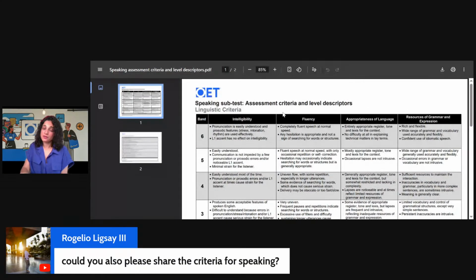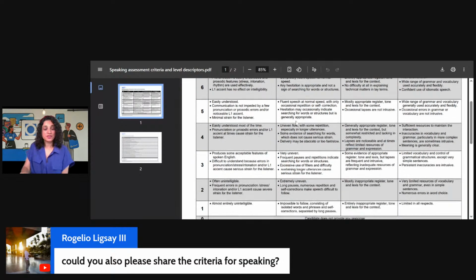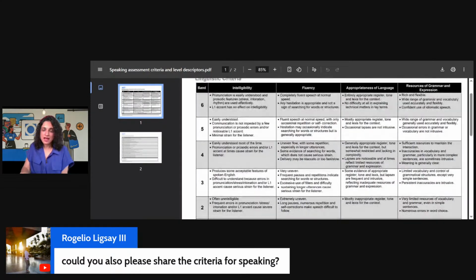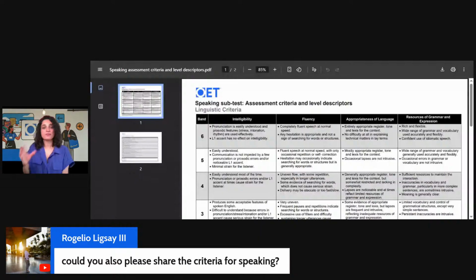The first, the linguistic criteria, there are four, which is, you can see, intelligibility, fluency, appropriateness of language, and the last is resources of grammar and expression. These linguistic criteria are marked from 0 to 6, and they assess, very broadly speaking, each one is very specific, but just for the sake of explanation, each one, they broadly assess your language.